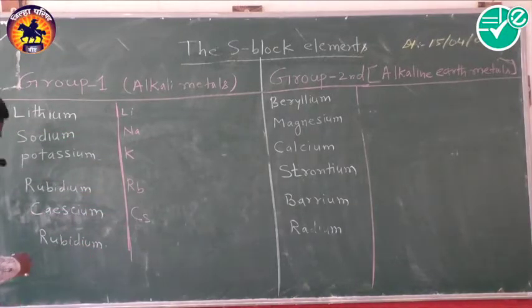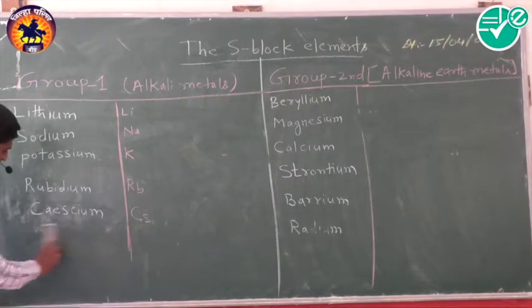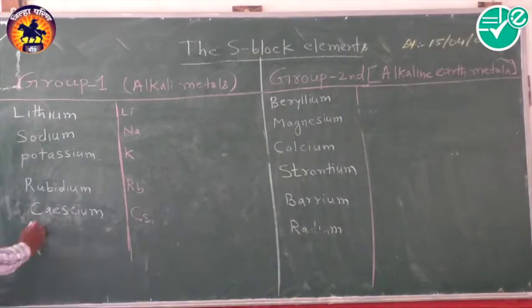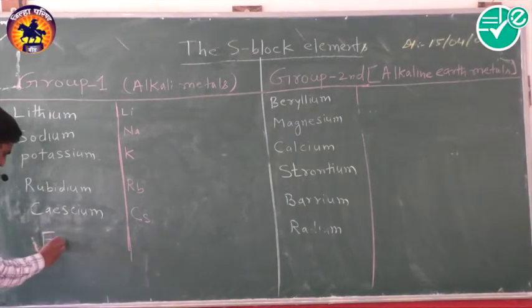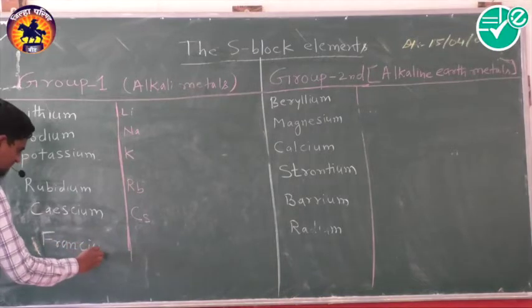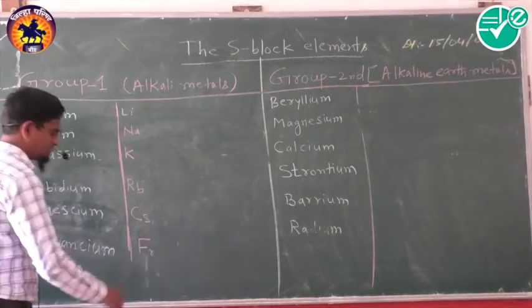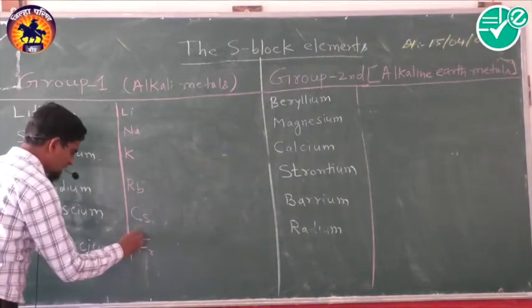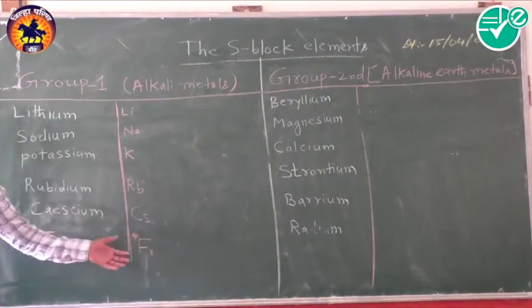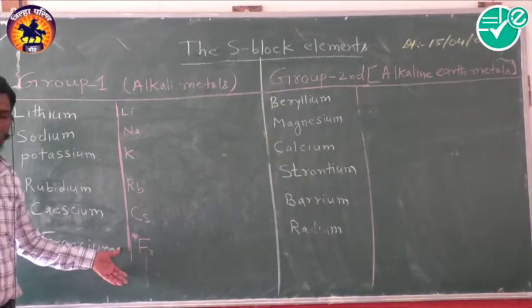Then francium. Sorry, again I repeat, rubidium. It was francium, I missed that. Francium, atomic symbol Fr. Here I am putting a small sp, it means that it is a radioactive element.